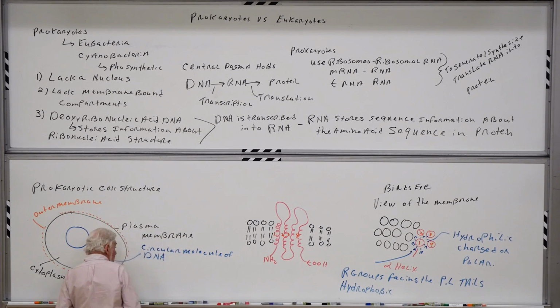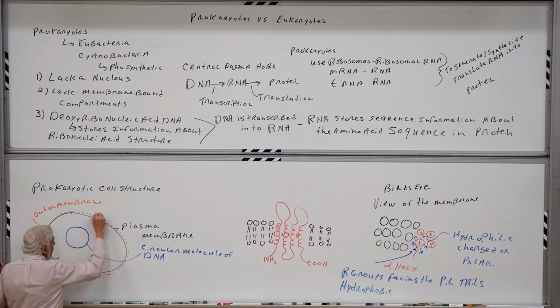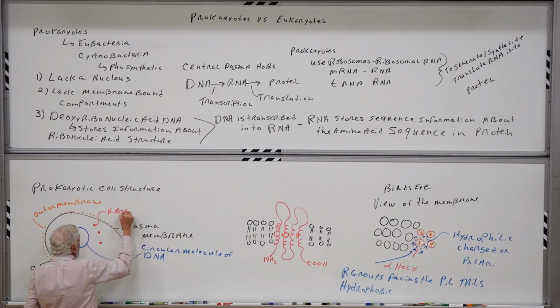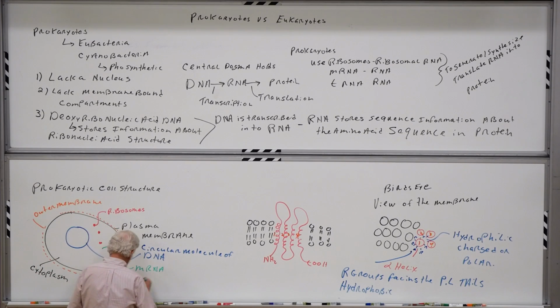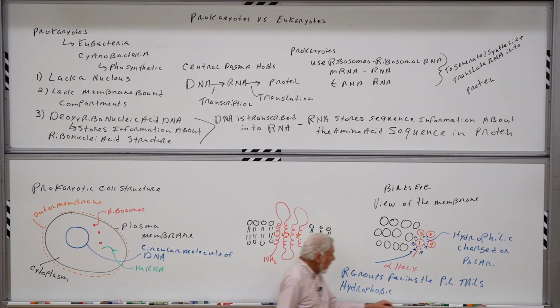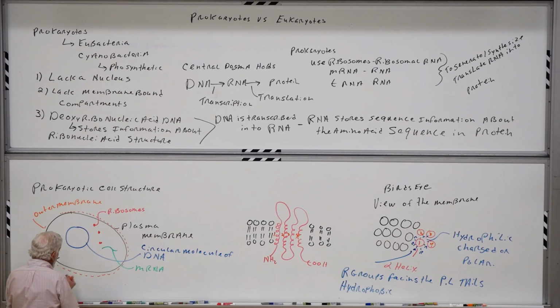Now, in addition to the DNA out of the cytoplasm, there will be ribosomes. And in addition to the ribosomes, there will be molecules of messenger RNA, and transfer RNA.